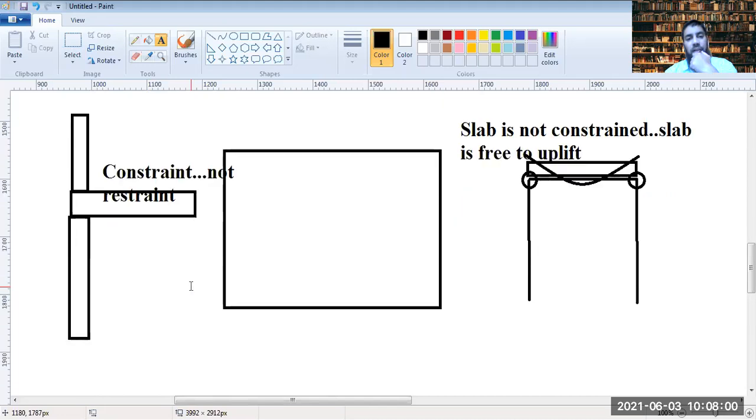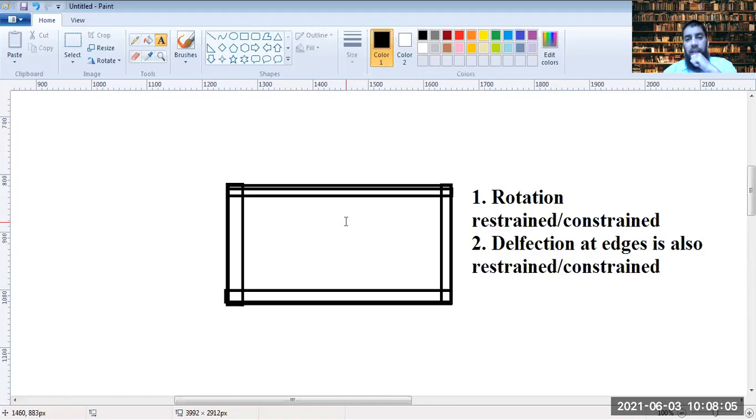Now constraint, not restraint, we are using this term. Now what is the rotation?